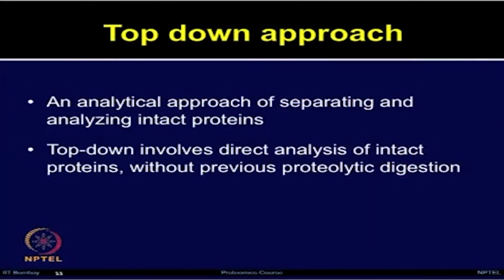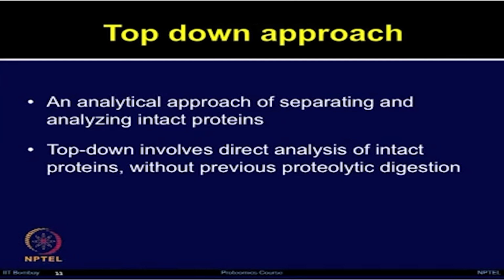Now, by employing mass spec, there are different types of approaches people use in proteomics: top down and bottom up. So, what is top down approach? Top down is an analytical approach of separating and analyzing intact proteins without any previous proteolytic digestion.